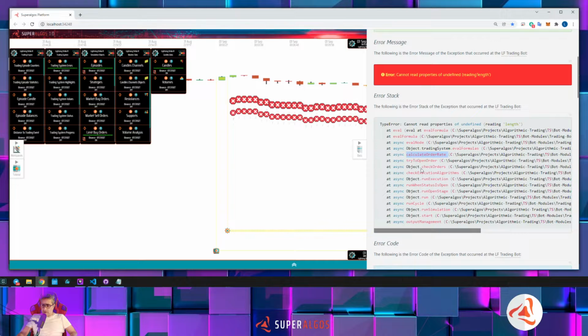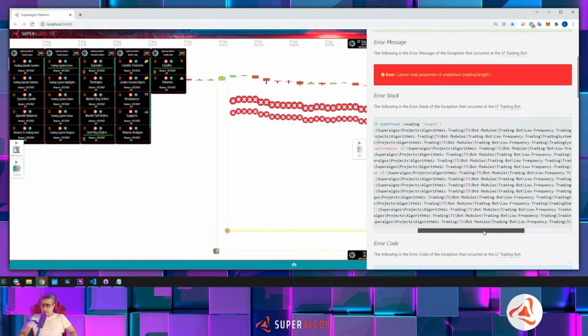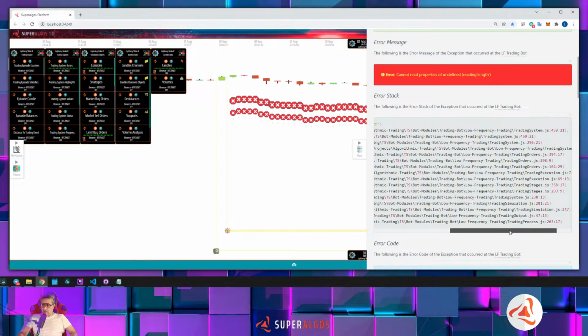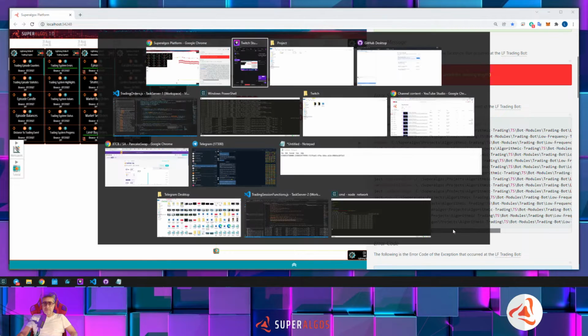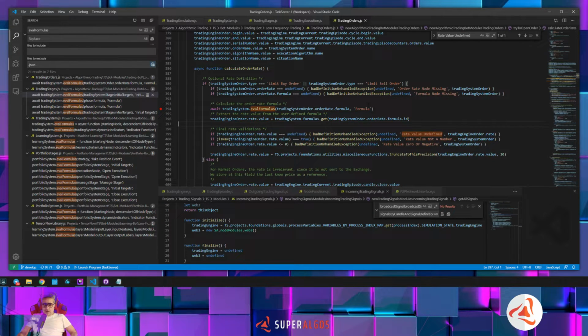At trading orders, calculate order rate. Trading order 394. Exactly where we were.